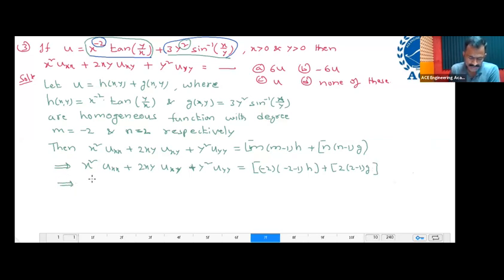Which implies x square into uxx plus 2xy uxy plus y square into uyy equal to minus 3 into minus 2, which is plus 6h, plus 2g.